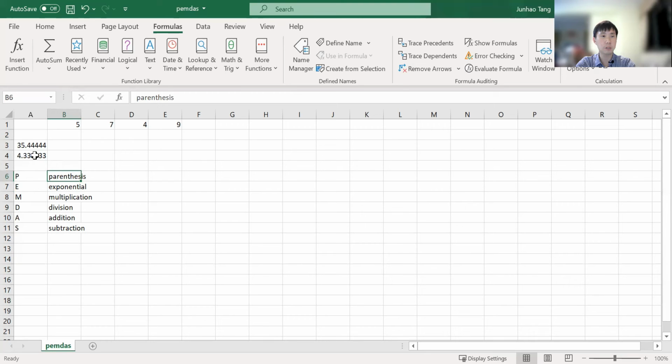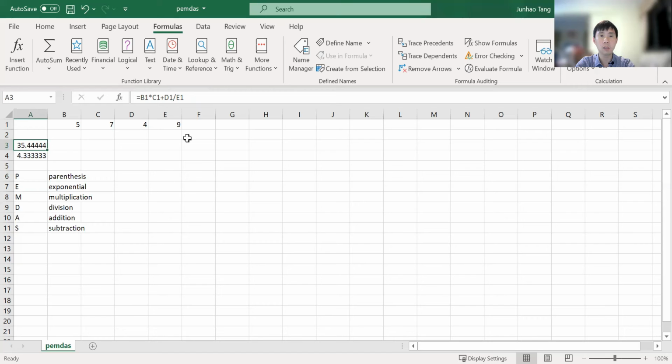So you can see over here, what it does is it will take 5 times 7, 35 over here, and plus D1 divided by E1. It will take D1 divided by E1, which is 4 divided by 9, and the result will be added to 35.